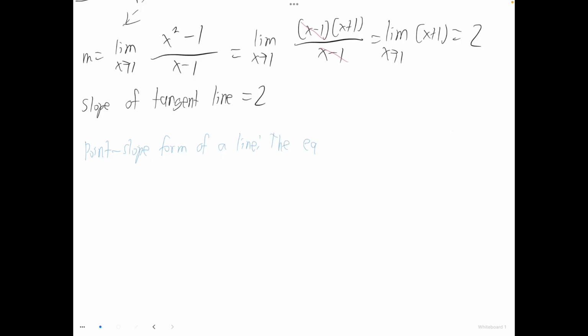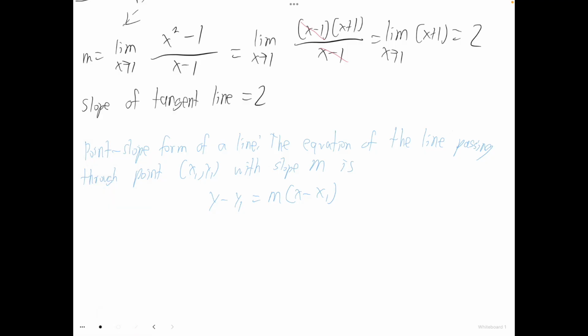The equation of the line passing through point x1, y1 with slope m is y minus y1 equals m times x minus x1. And so this is the point-slope form of a line.